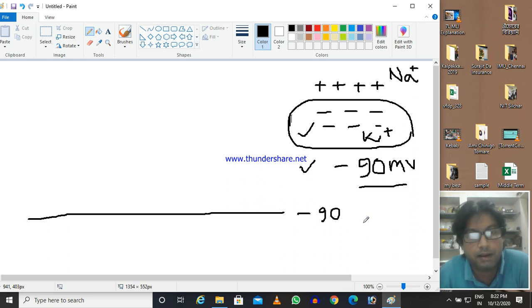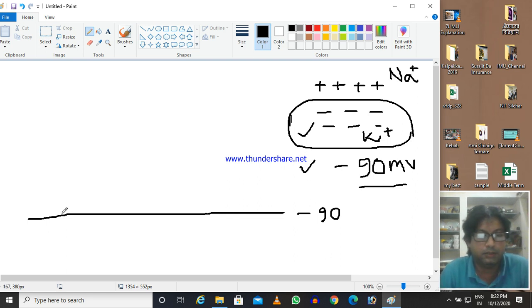Then it will travel through the atrium, and contraction of the atrium takes place. Then it will come to the AV node, where there is a small pause. Then the electrical pulse is conducted through the bundle branch. Then it will go to the ventricle, and the ventricle contraction will take place, and so on.